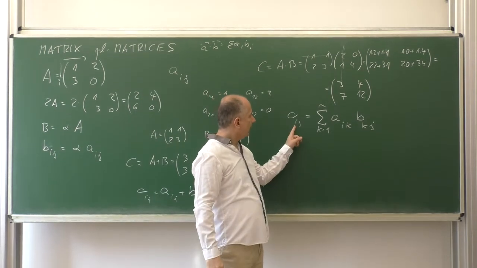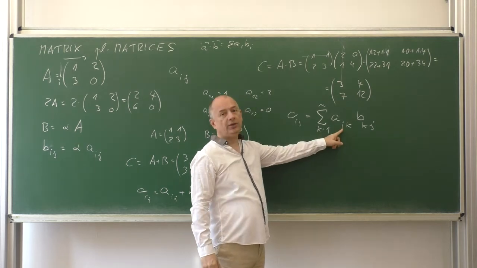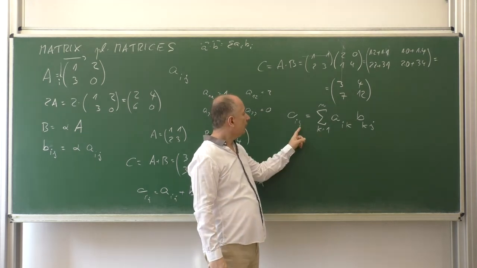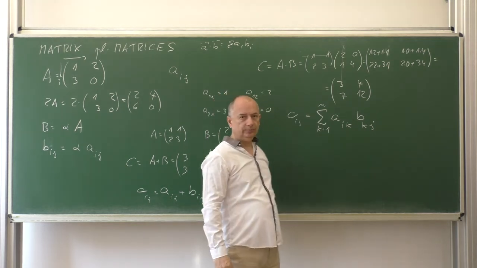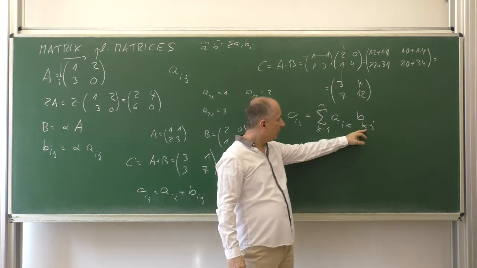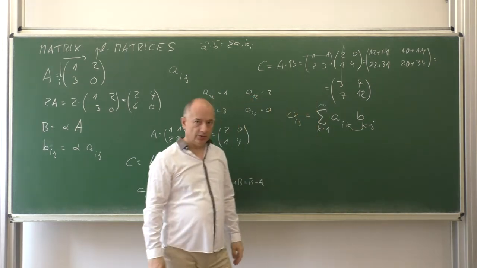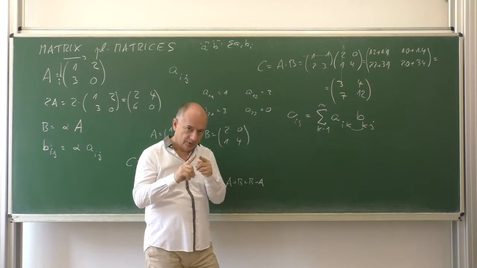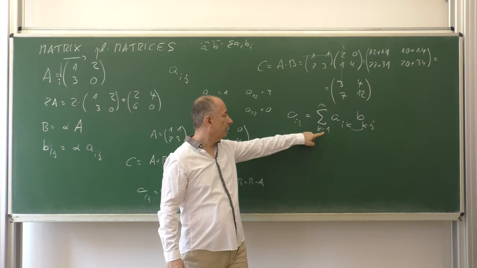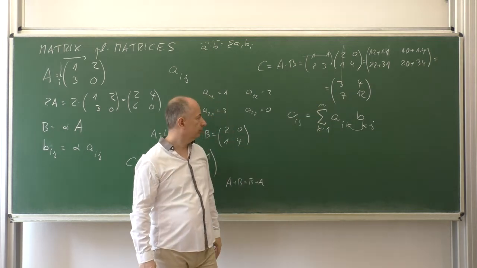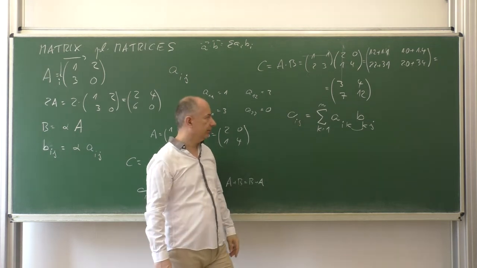You see, i is the first index on the left, and it is the first index on the right. j is the last index on the left, and it is the last index on the right. And then we have one more index, and this appears twice in positions that are just neighbors. And we sum over k, from 1 to the common dimension. The summation index k does not appear in the result.